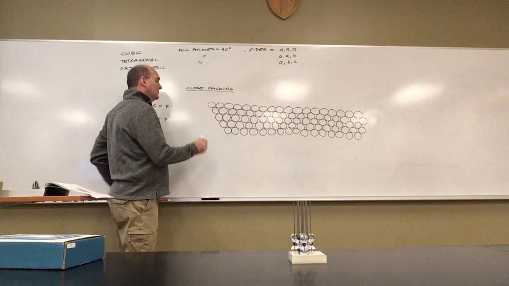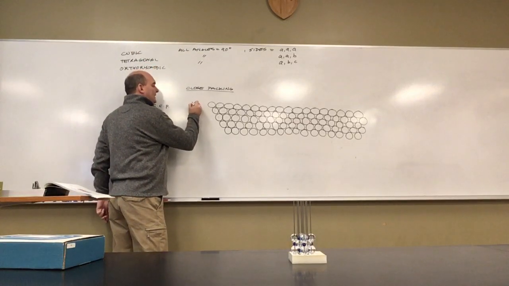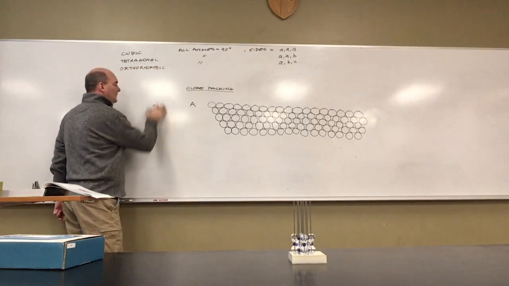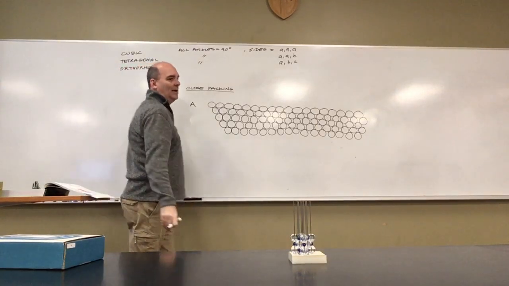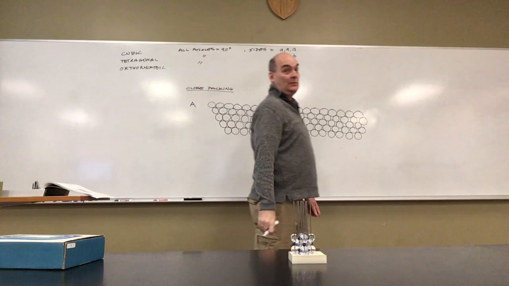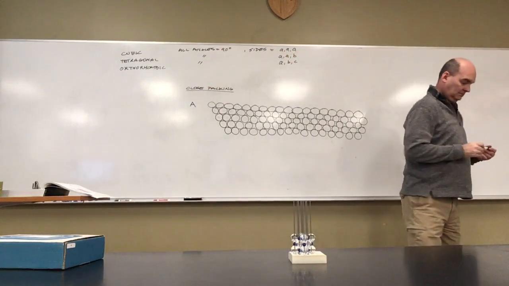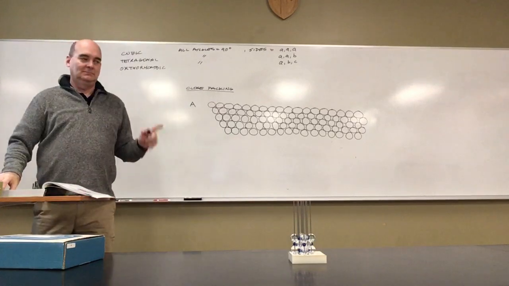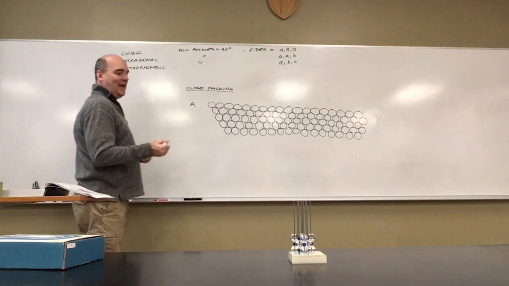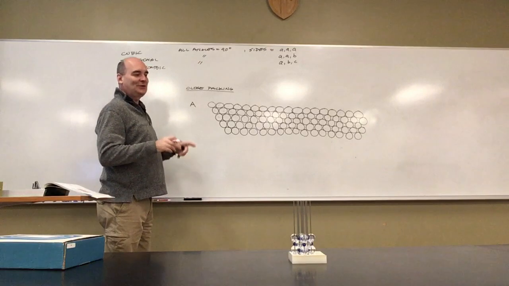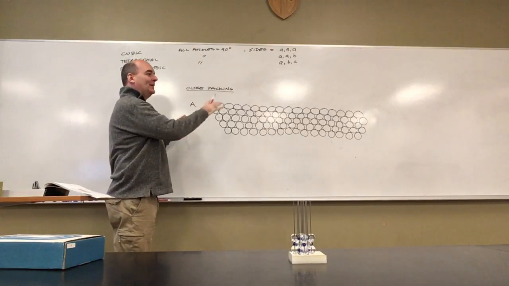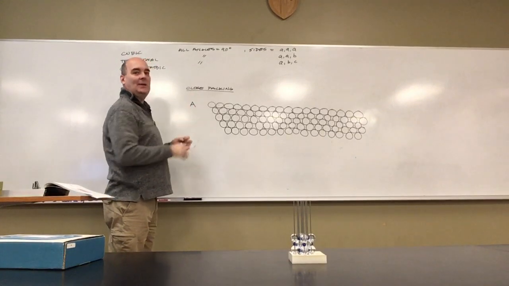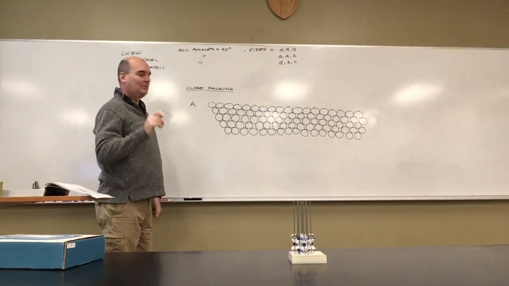Not so fast. We're going to call this layer A. It's the first one in. This is layer 0. It's A. We call it A for a reason, because if I build this and then I turn it at an angle, 0 and A becomes something slightly different.